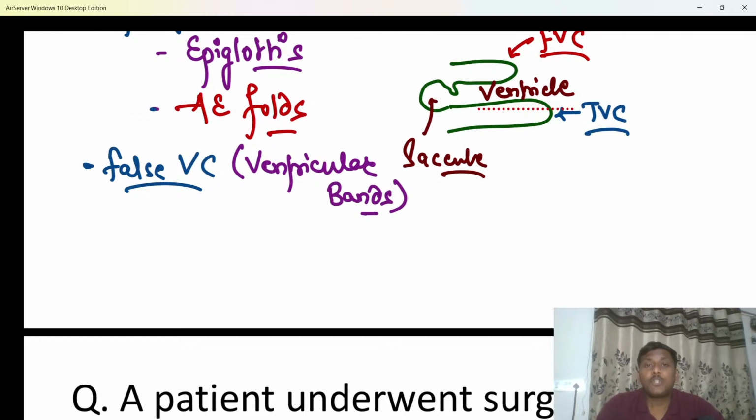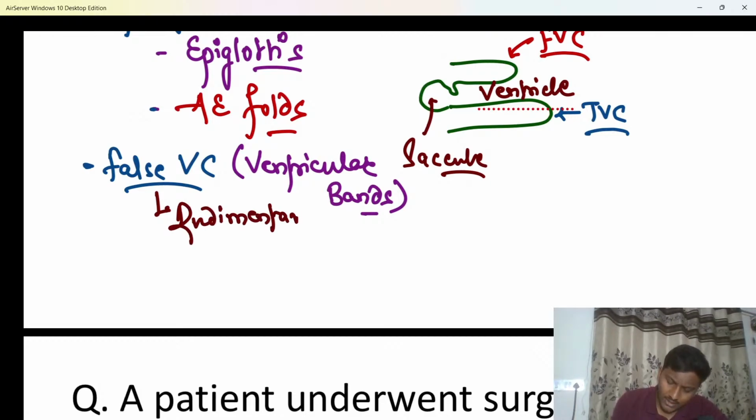Obviously it is done by the true vocal cords, which is why they are called true. Whereas the false vocal cords are rudimentary. What do I mean by rudimentary? It has no functional value, they are of no use. So false vocal cords or ventricular bands are rudimentary in nature, meaning they do not have any kind of functional value.